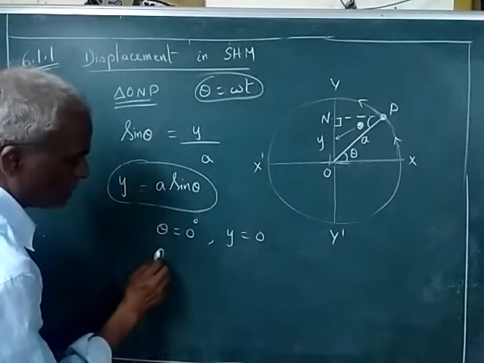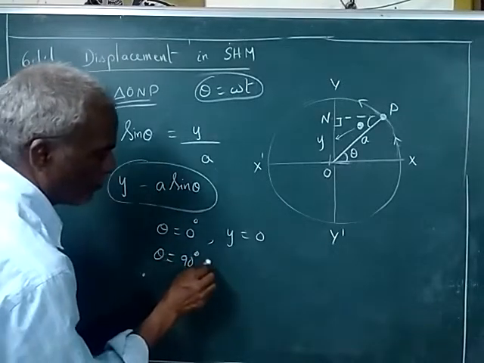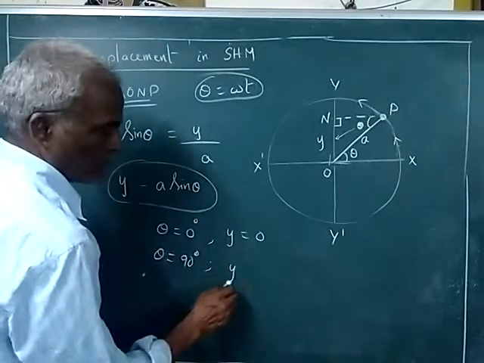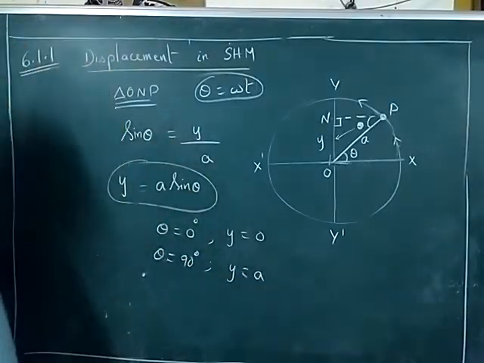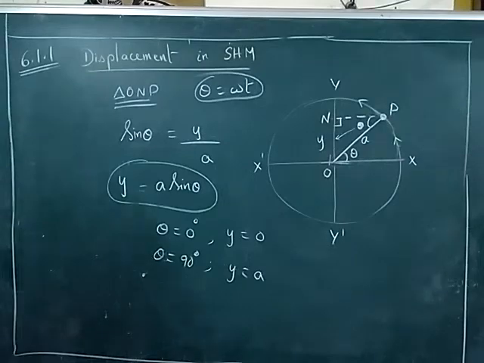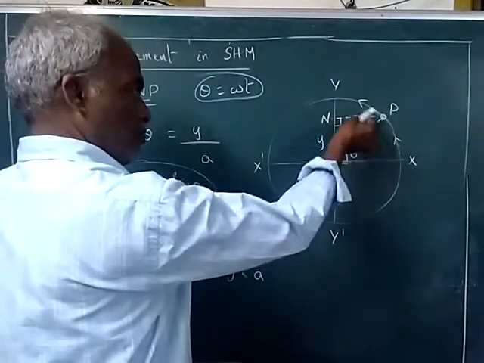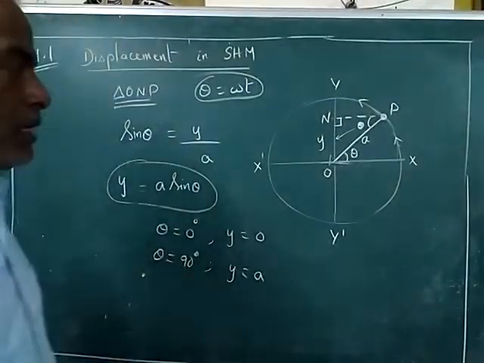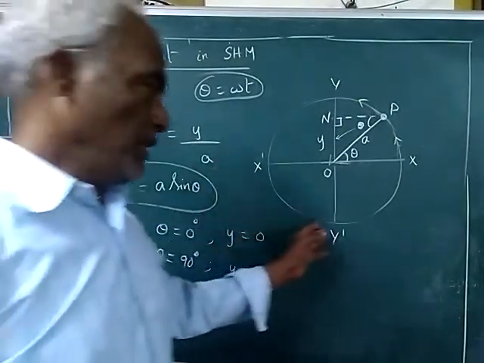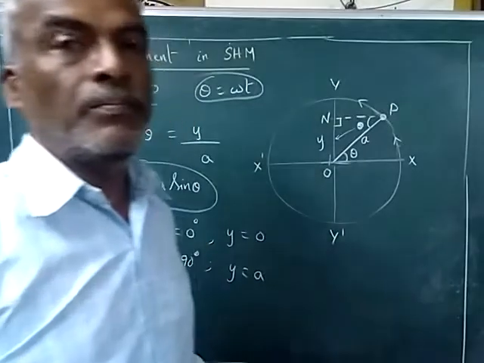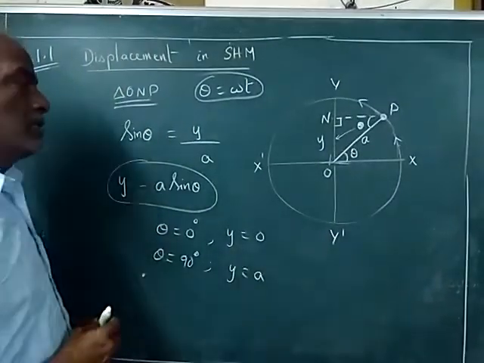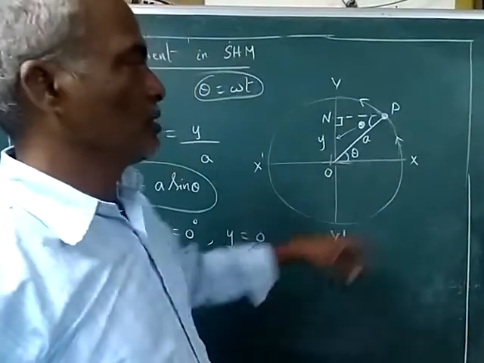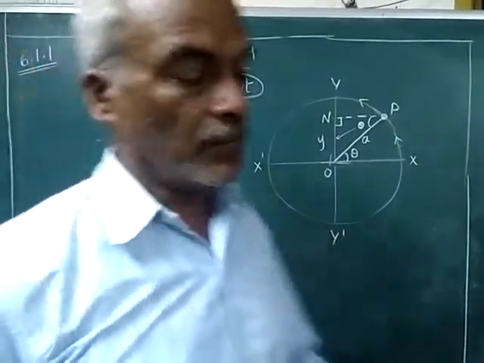When theta is equal to 90, sine 90 is 1, the displacement is maximum, which is equal to the radius of the circle, y equal to A. Similarly, when it moves and comes here, once again the displacement is 0. Then at 270 it is maximum, but in the negative direction, and it completes one complete revolution when reaching X.